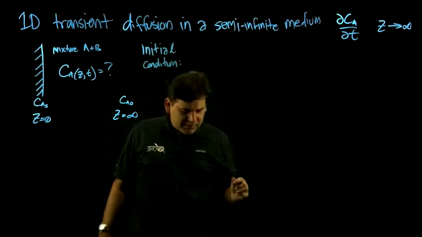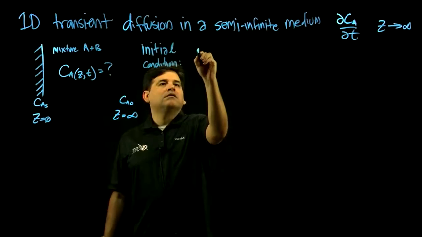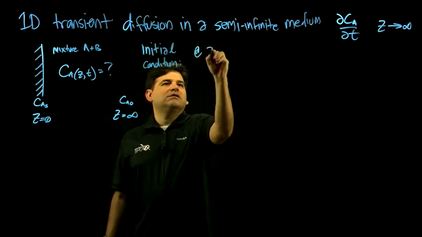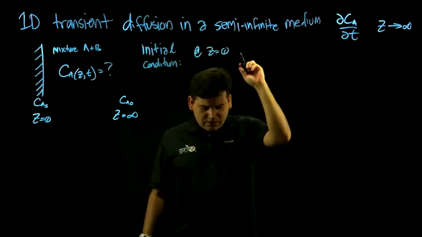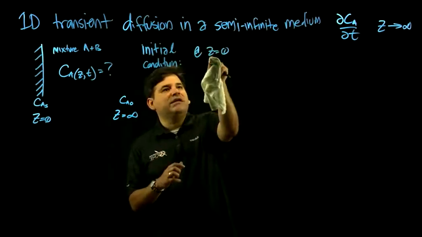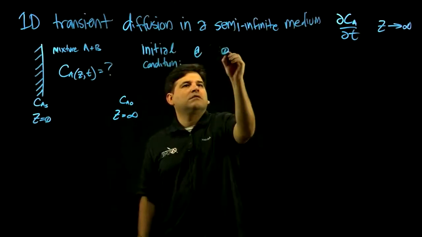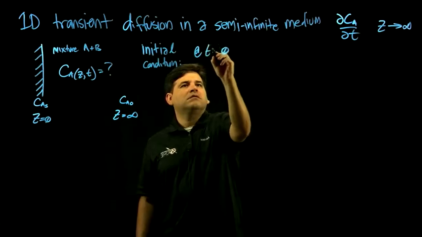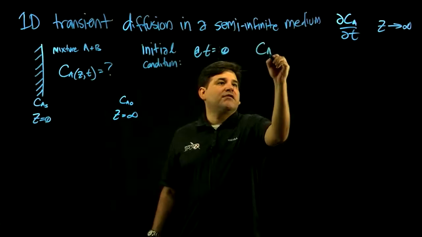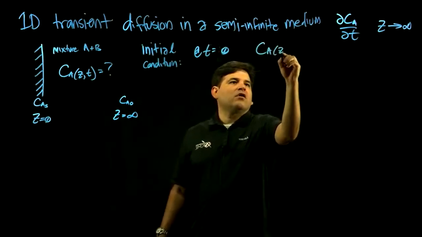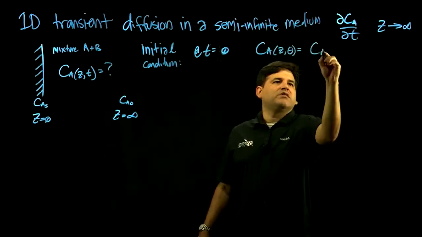That would be that at t equals 0, initial t before time starts, the concentration everywhere for all z equals this far stream concentration.